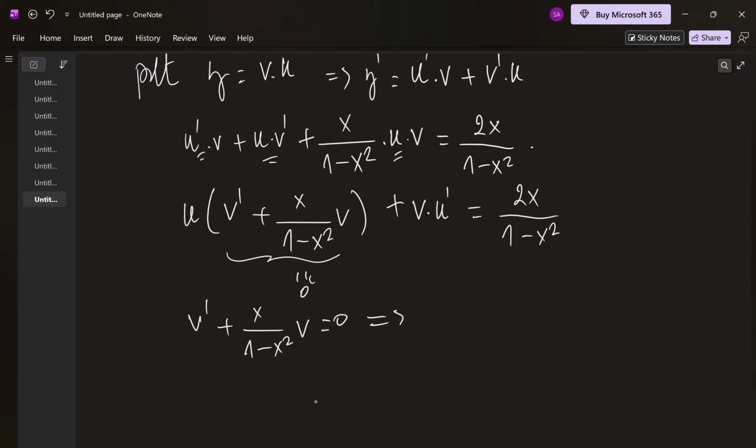We solve this differential equation, which is separable. This implies that v prime is equal to minus x over 1 minus x squared times v. Now you divide by v. Remember that v prime is dv over dx.